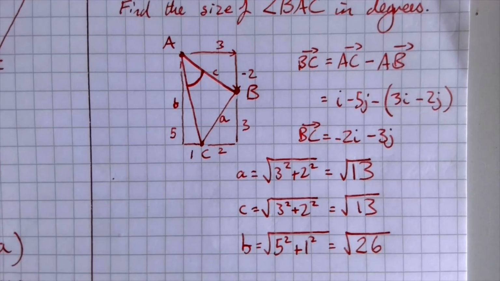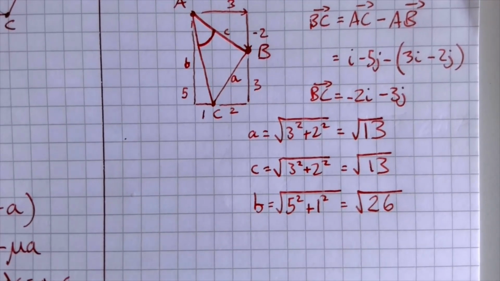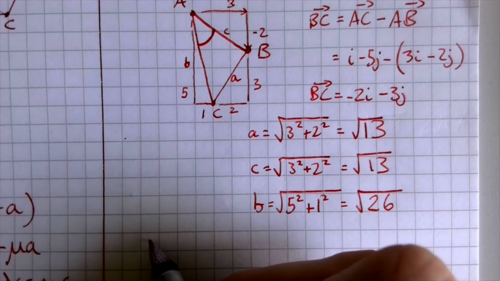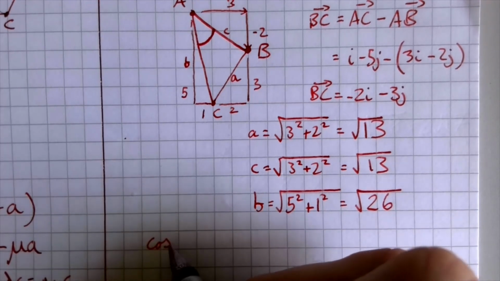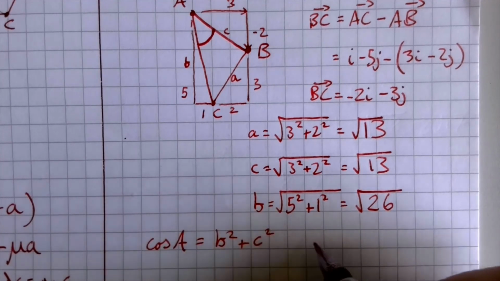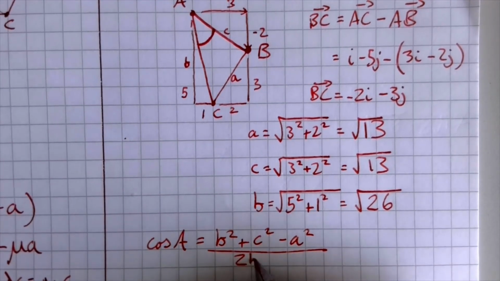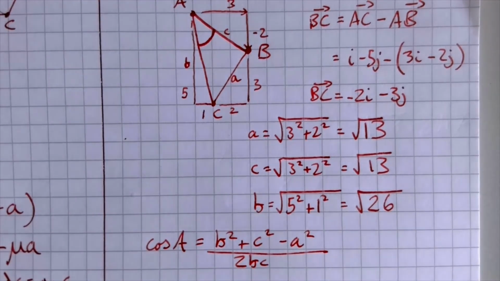Anyway, what was I talking about? Oh yes, we were going to use the cosine rule now that we know these lengths. So cosine rule for angles, personally I always know the one with the lengths and then I rearrange it, but cosine rule for angles is cos A equals b squared plus c squared, take a squared, all over 2bc.